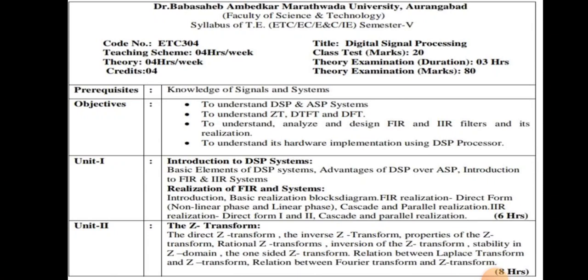So all these types of realizations of FIR and IIR systems we will see in the first unit. This unit will require 6 hours to cover the complete syllabus. So first, introduction of DSP and realization of FIR and IIR systems.